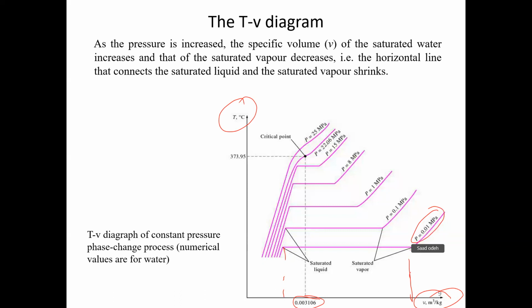So let's say I fix the pressure and then start to heat the vessel or the cylinder that we showed you before. At this pressure, this is the line that the phase change will follow.